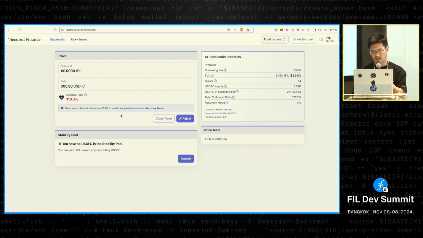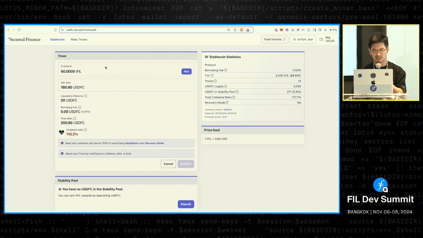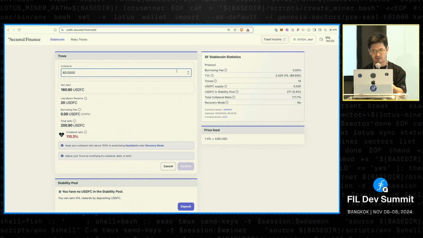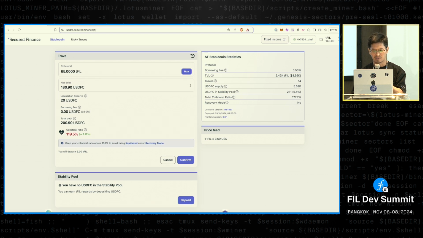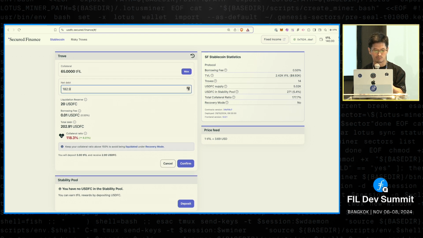So if I want to change whatever the condition, you just adjust it up and down. Oh, down is not possible because it's below 110. Or you can add more debt here and there to adjust.